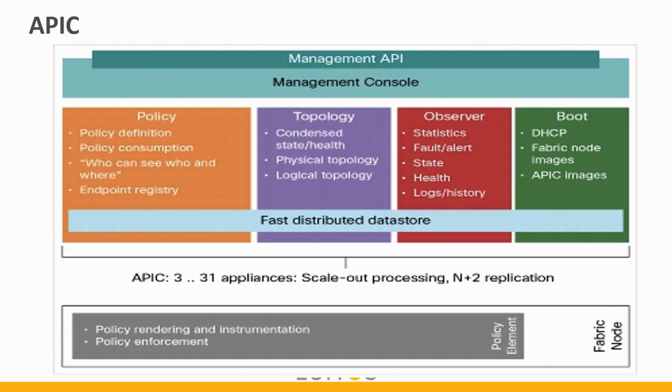So as an overview of the APIC, we have different functionalities. First of all, everything starts with the API. Really everything is centered around the API, and this is very similar to, in fact, the same team created it.